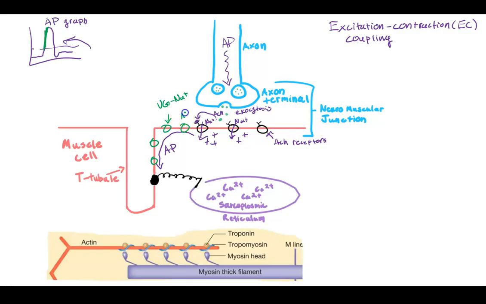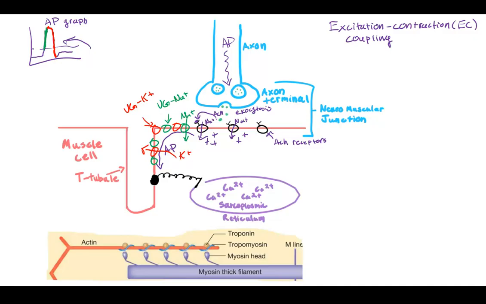So when they open, sodium would come in to these cells. And then we have to repolarize. So maybe in red here, we have voltage-gated potassium channels. And when these open, potassium would exit the cell. And the potassium part would be down here.